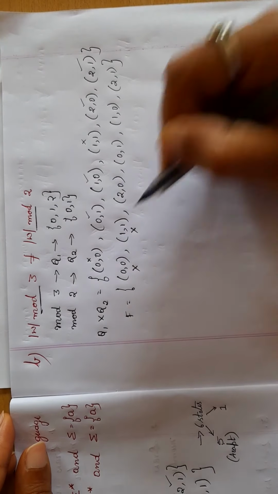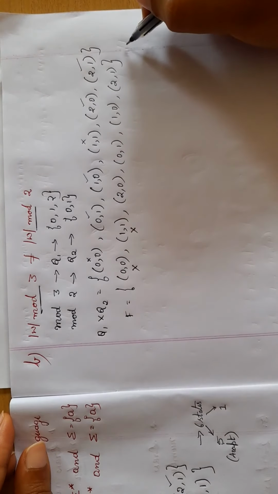These two are not accepted. So I have 6 states here. Out of 6 states, 4 are accepting states and 2 are the normal states where the transition continues. So we shall draw a DFA for this. 6 states I need to have.